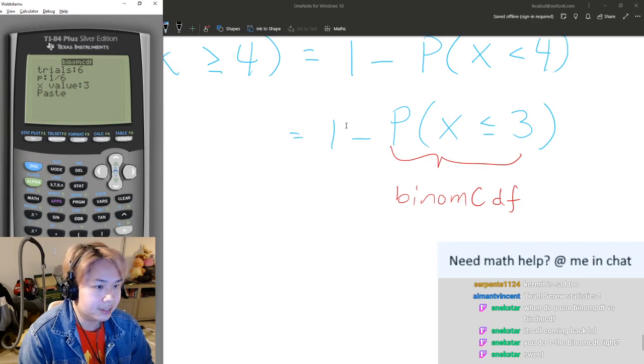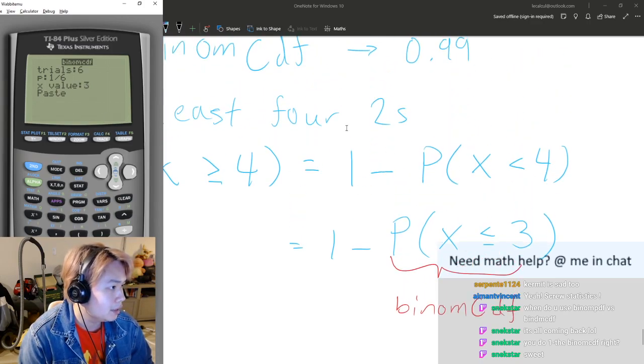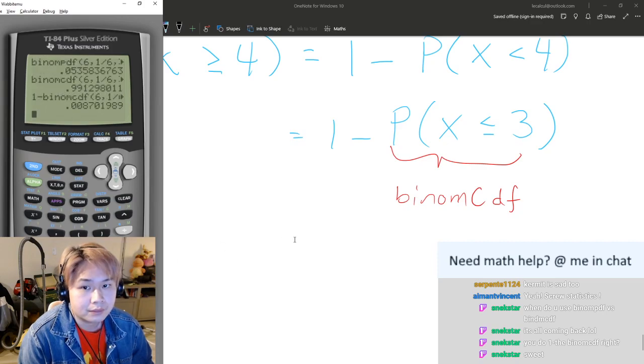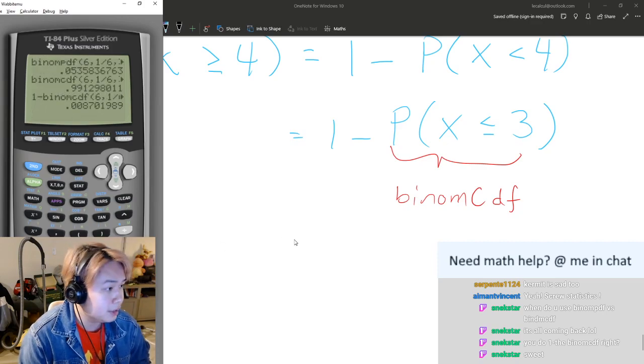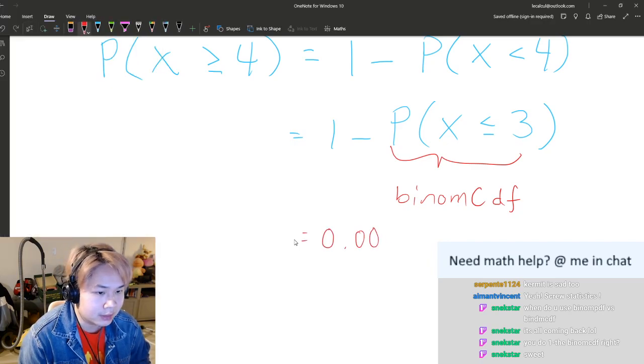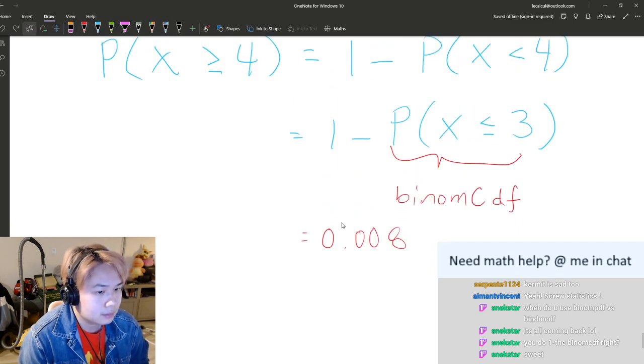And then again, the only issue is make sure you're putting in the right x value. It should be 3 because we want less than 4. So then, again, that's less than or equal to 3. So there you go. The probability, if you roll it 6 times and you want 4 or more 2s, is pretty small. 0.008 something. So yeah, that's the difference between CDF and PDF.